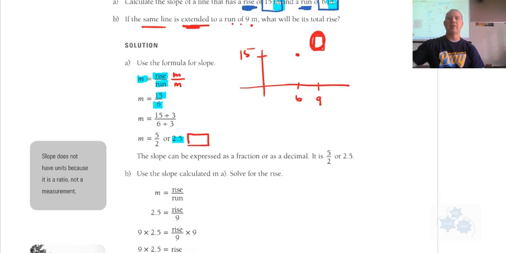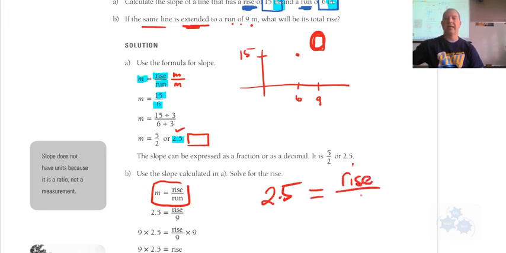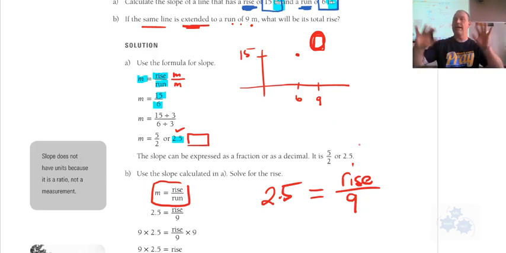So again, if you know the slope, which we just calculated, you can use your formula to solve for the unknown. So 2.5, if you can't see that in the back, is your slope. The rise is unknown, and the run is 9. How do we solve for rise here? Well, we have to get rise all by itself. So in order to manipulate a math equation, if it's just two values on either side of the equal sign, you can always cross multiply.